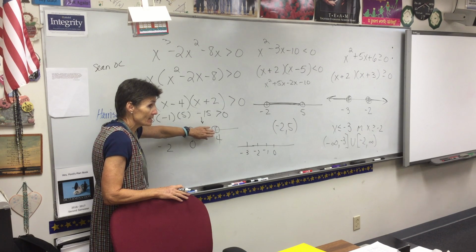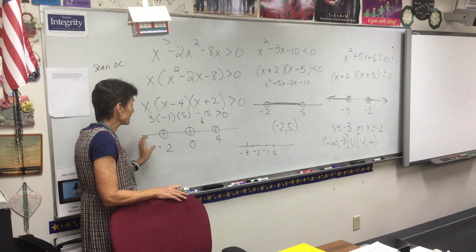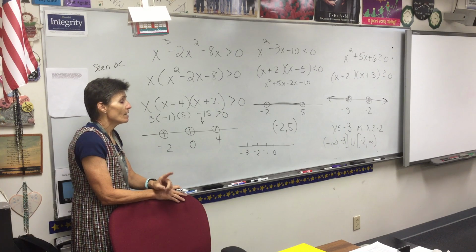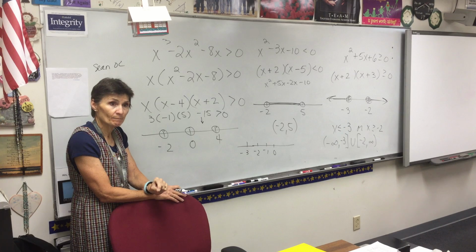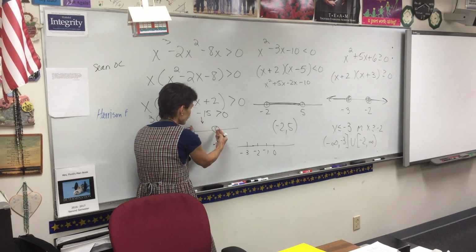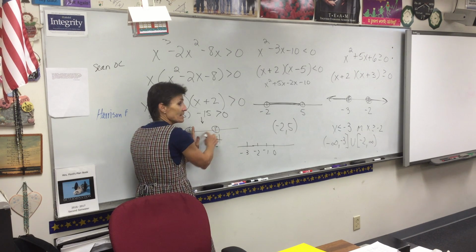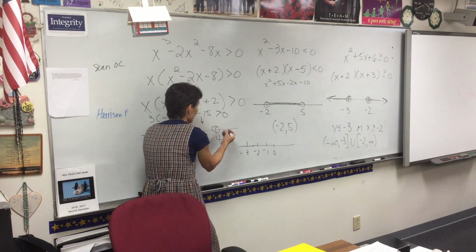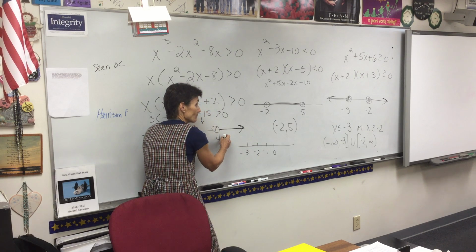Now here's the good news. Even though I can't give you a general rule to tell you where to shade, I can tell you that the sections of the graph alternate in their shading. So what I mean is, if this section between these 2 dots is not shaded, because that number didn't work, then this one out here will be shaded.